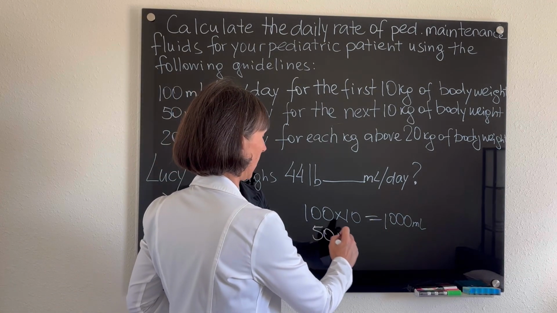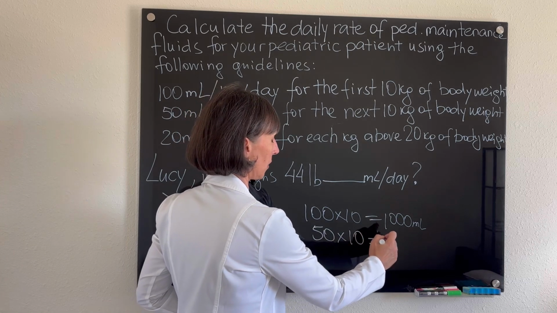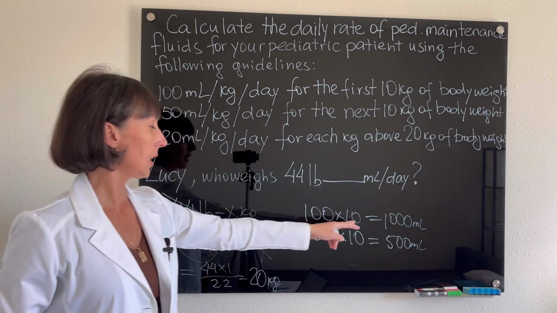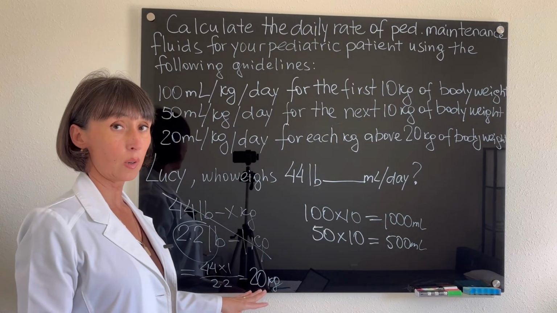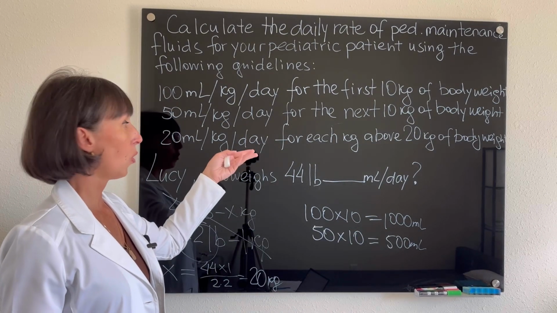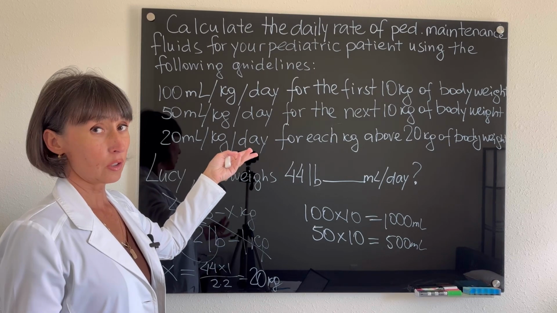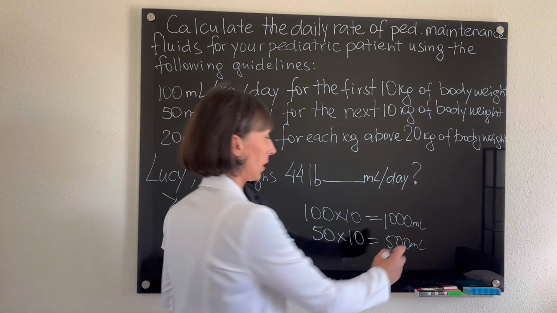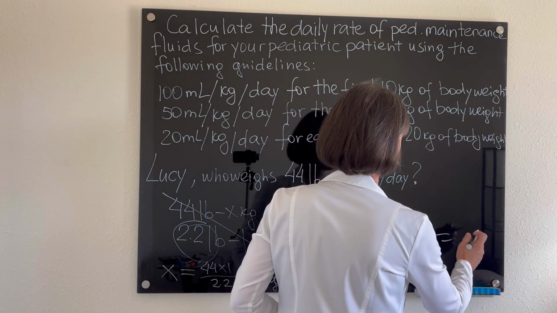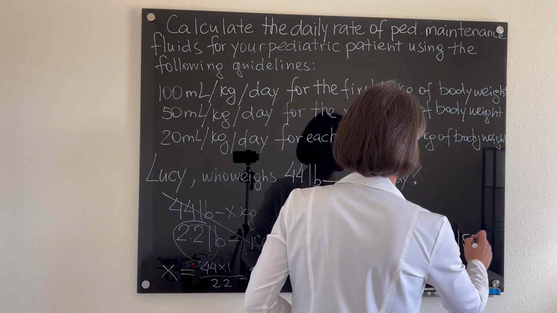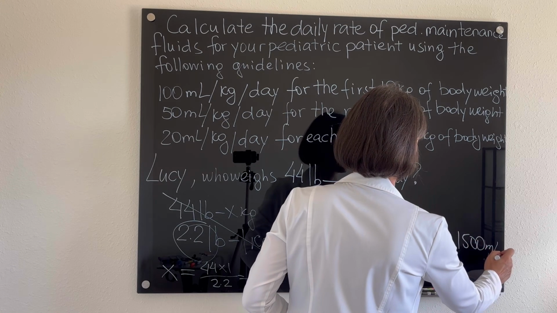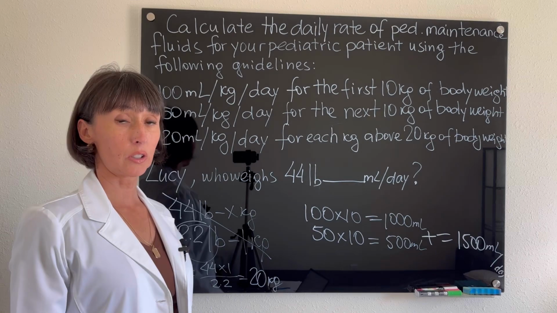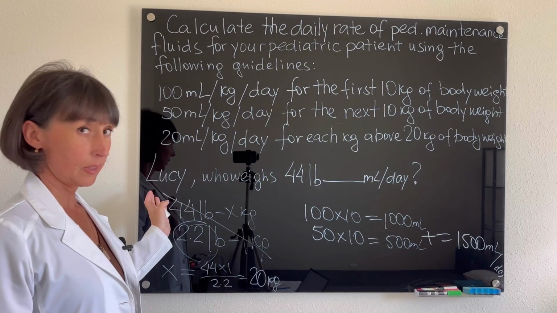So 50 times next 10 kilograms is 500, and that's 10 and 10. I used up the entire weight. There's nothing for my third line. I'm just going to add 1,500. And I get 1,500 milliliters per day for Lucy.